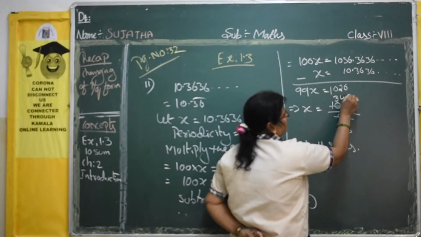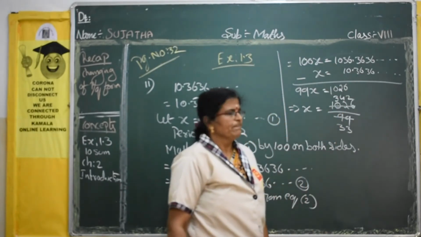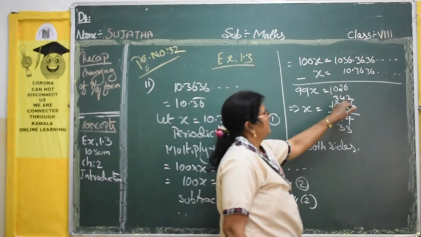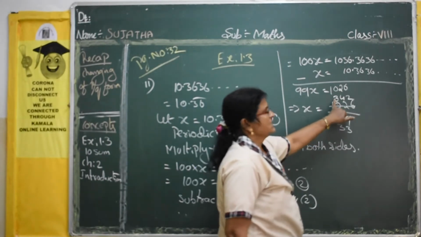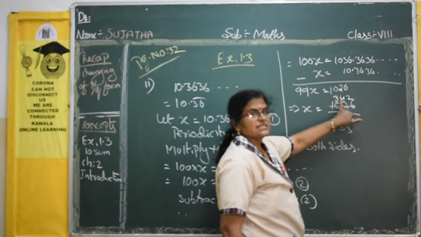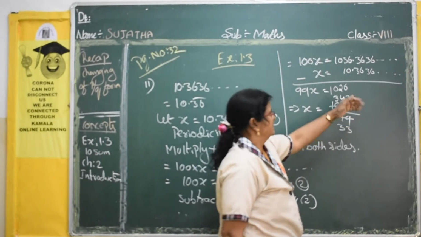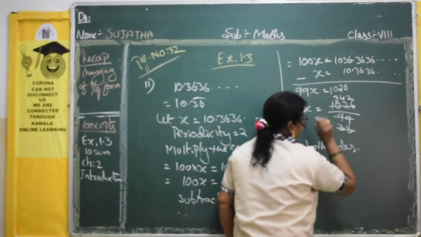In the 3 table 6 will come 2 times. Now will this go again in the 3 table? 3 1s are 3, 4 minus 3 is 1, 3 4s are 12. Yes, it will also go in the 3 table.